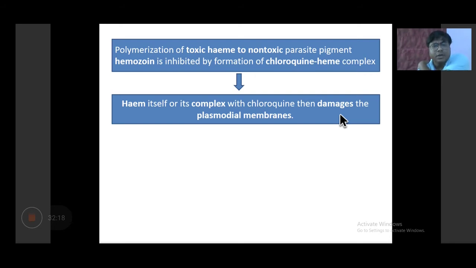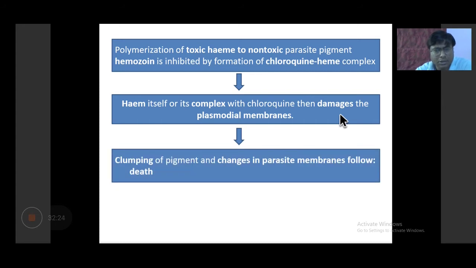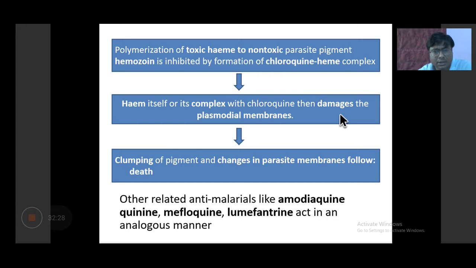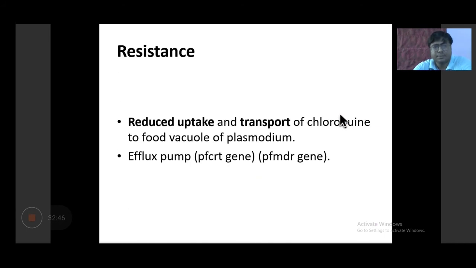So heme itself or its complex with chloroquine damages the plasmodial membrane because it is toxic to the parasite, which leads to clumping of pigment and change in parasitic membrane, leading to death. A similar mechanism of action you will see with amodiaquine, quinine, mefloquine, lumefantrine. So there is no need to discuss the mechanism of action of quinine, mefloquine, lumefantrine, amodiaquine differently. It is the same mechanism of action with these drugs as well.